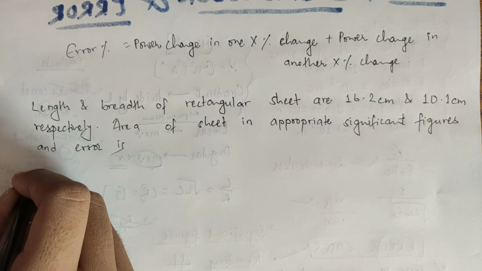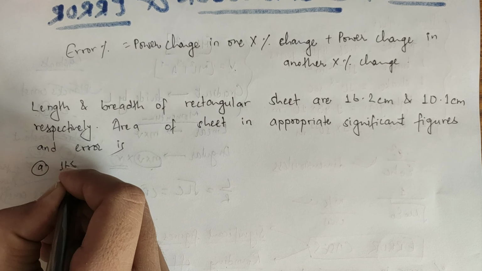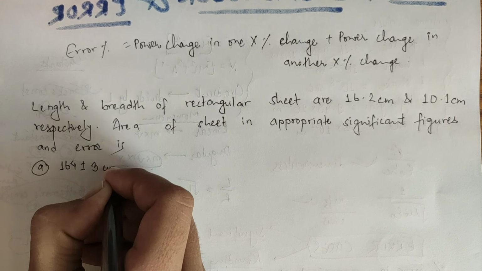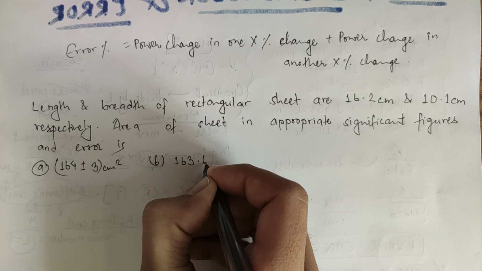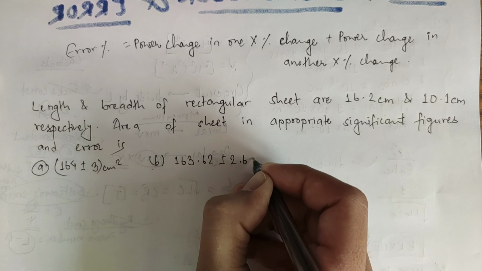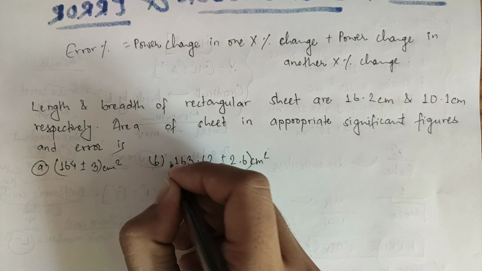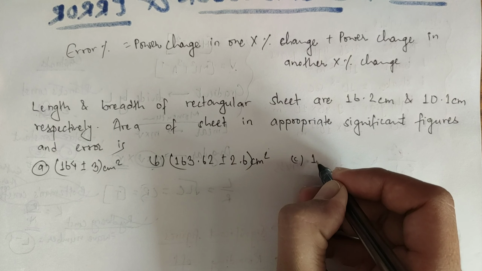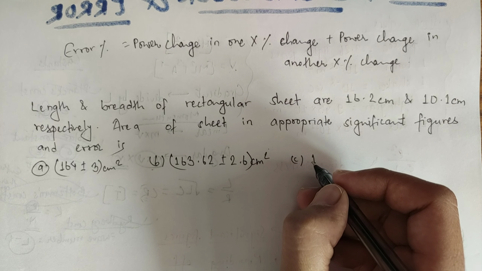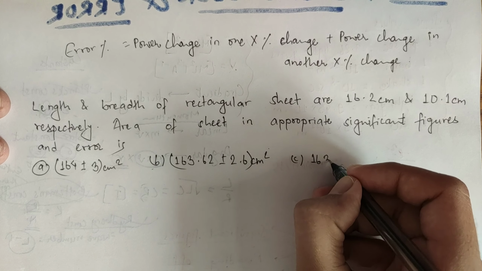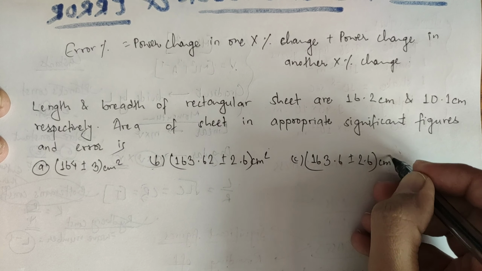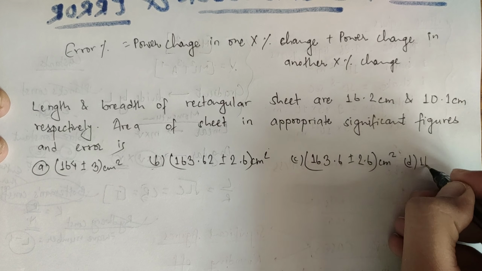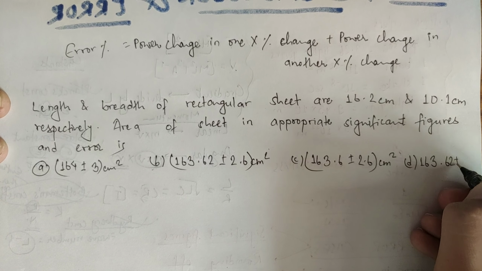Options: A, 164 plus minus 3 centimeter square; B, 163.62 plus minus 2.6 centimeter square; C, 163.6 plus minus 2.6 centimeter square; and D, 163.62 plus minus 3 centimeter square.